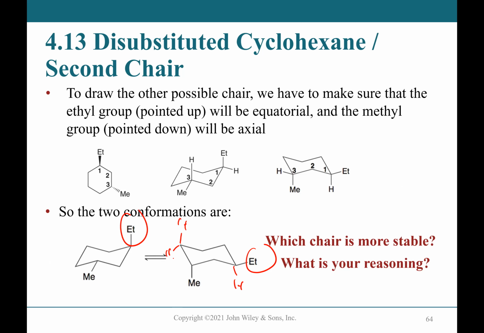Hydrogen's there. And we'd have that hydrogen right there and right here. So who thinks number one is more stable and who thinks number two is more stable? I'm just curious. Let's kind of draw what this would be right here.